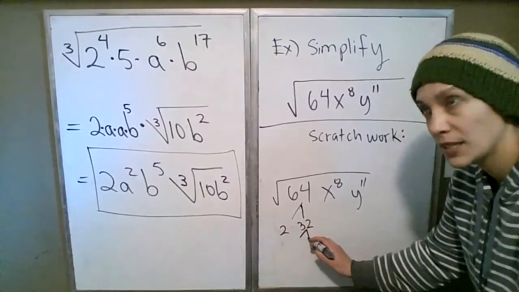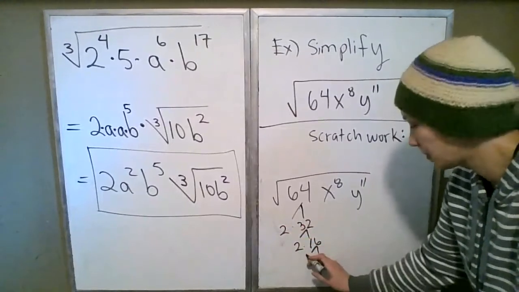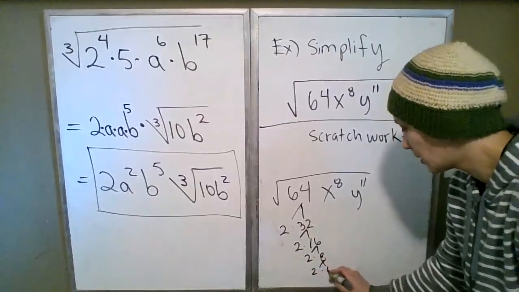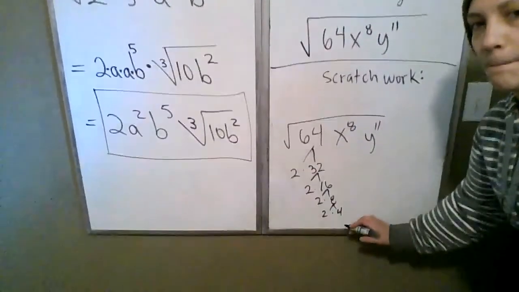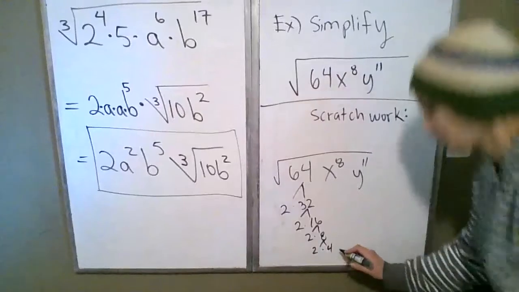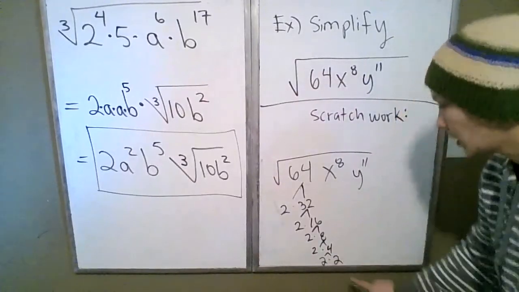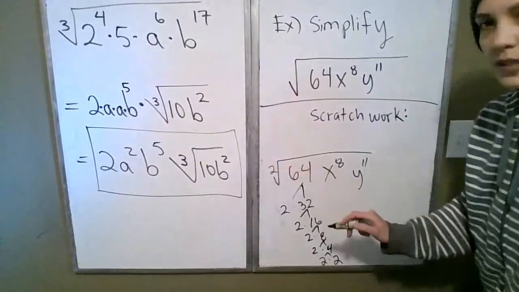32 would be 2 times 16. 16 is 2 times 8. 8 is 2 times 4. And 4 is 2 times 2. Okay. It's a square root.